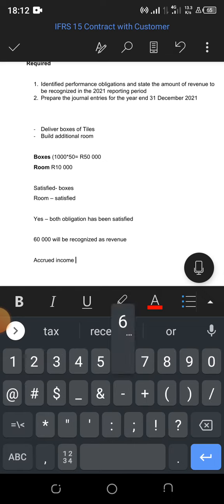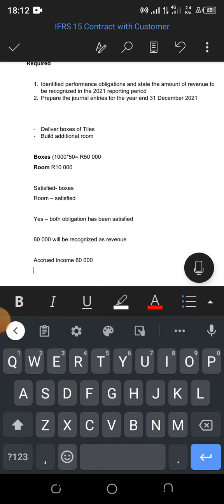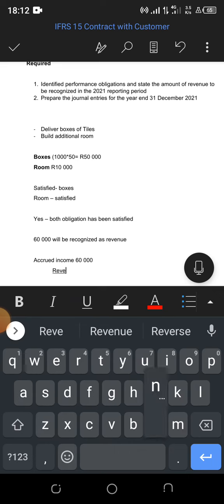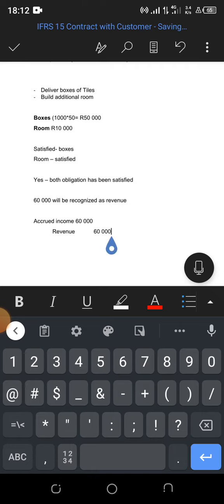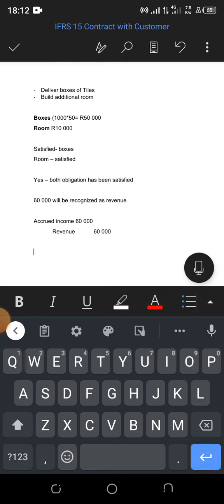Then the amount is 60,000. We haven't received anything, but revenue is recognized because the performance obligation has been satisfied. The performance obligation, it doesn't matter whether the payment has been received or not, as long as the company has delivered.